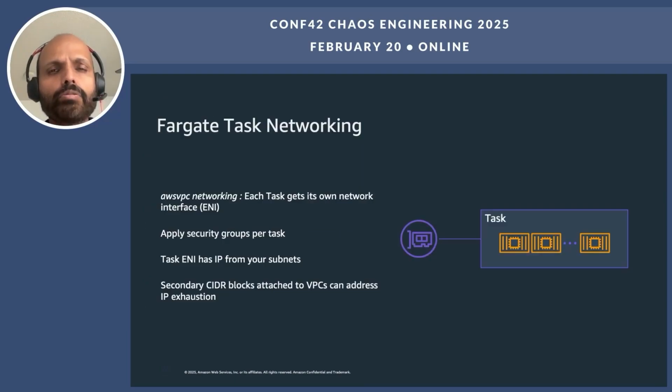Now, let's take a quick look at networking for Fargate tasks. Each task gets its own network interface, its own ENI, using an IP from a subnet that you have provided to the ECS platform.